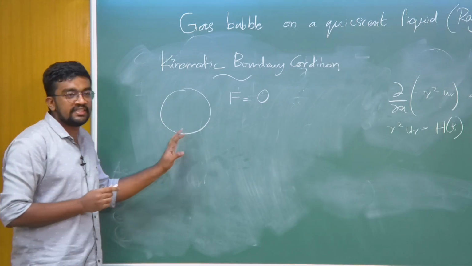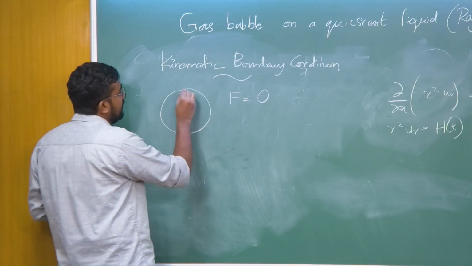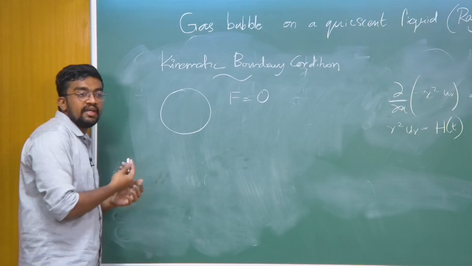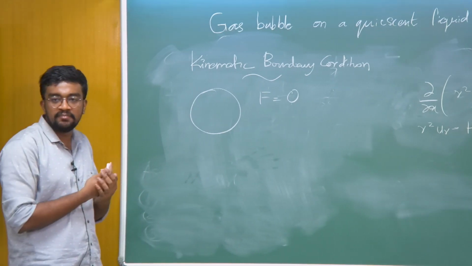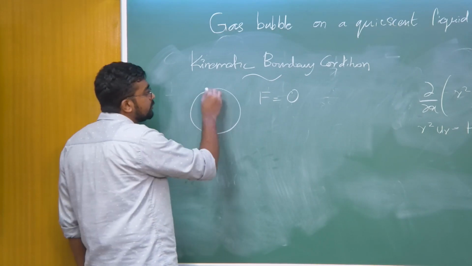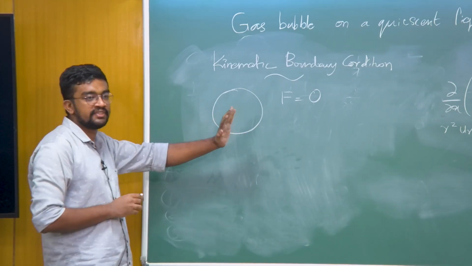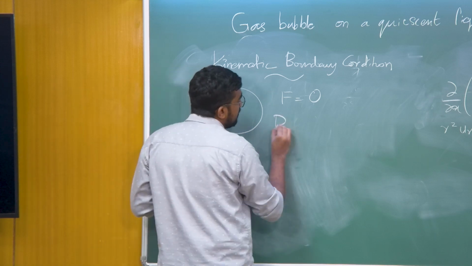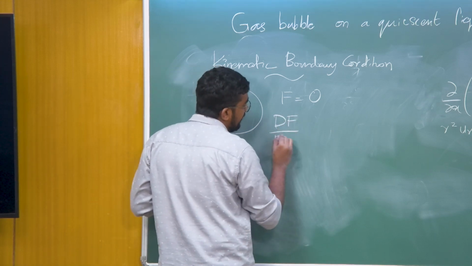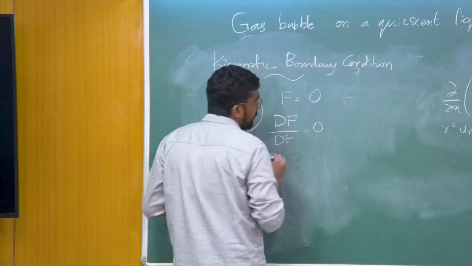So, suppose there is a moving fluid boundary that is given by capital F equal to 0. Then all particles close to the surface will effectively have no Lagrangian motion relative to it. So, what it means is capital DF by Dt is equal to 0.